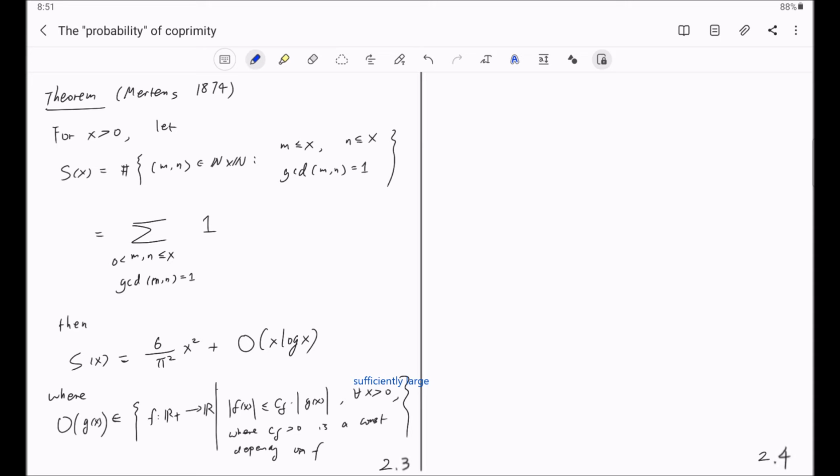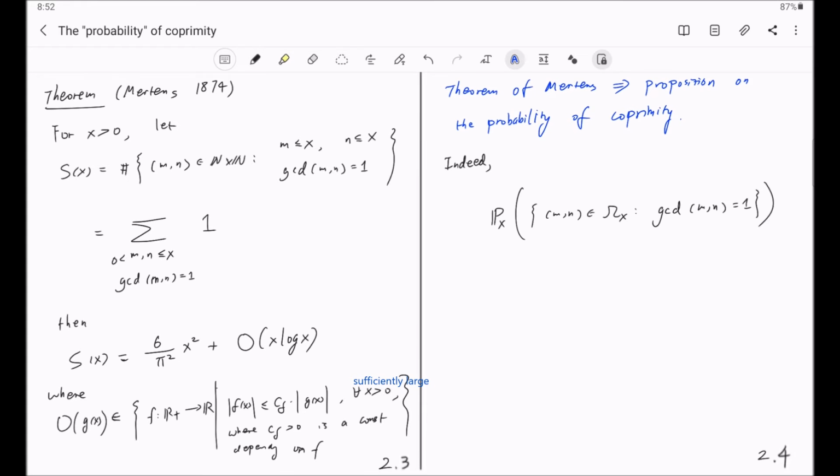And now let me show you how the theorem of Mertens implies the proposition on the probability of coprimality. Indeed, if you look at this probability that we want to study by taking limit, by using the notation of our S(x), this will be equal to S(x) over the cardinality of Omega_x.